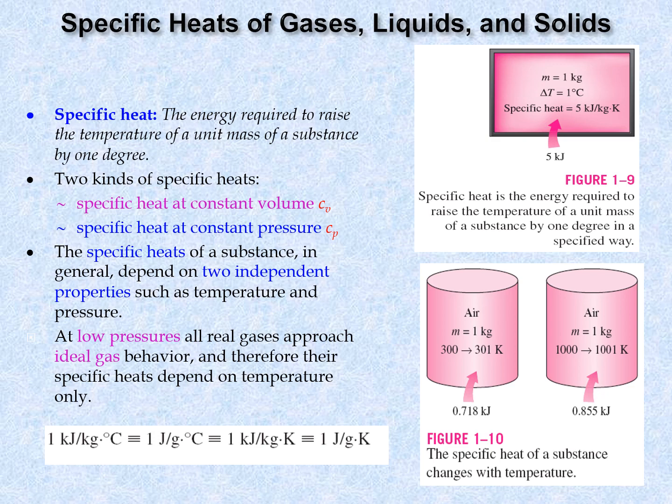So from these two kinds of specific heat, we know that the specific heat depends on two properties, which are pressure and temperature. Another thing that we need to know is that at low pressure, all real gases approach ideal gas behavior. So the specific heat will depend on the temperature only.